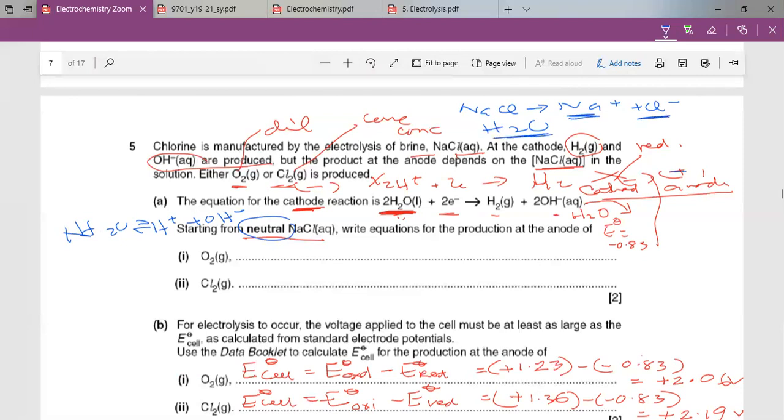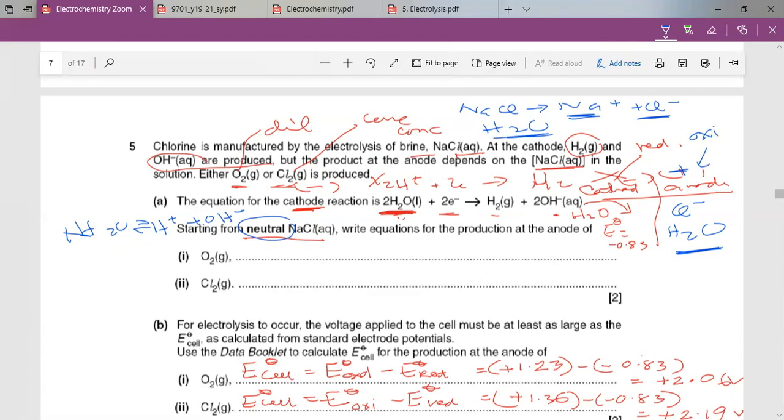So what goes to the positive pole? Of course, Cl minus and water. Okay, so write equations for the production at the anode for water. Of course, water must come with this now. It means the anode undergoes what? Anodes undergo oxidation. You have to know this, anode is always oxidation, positive.